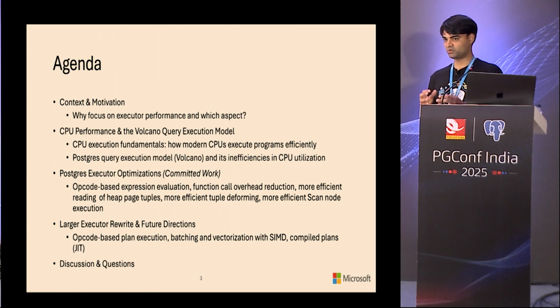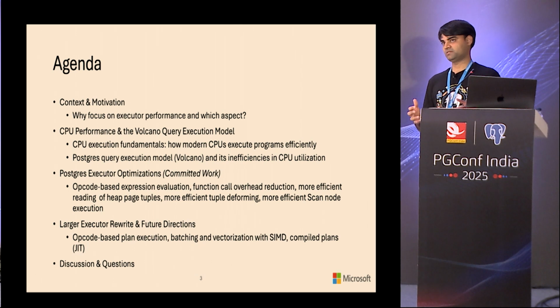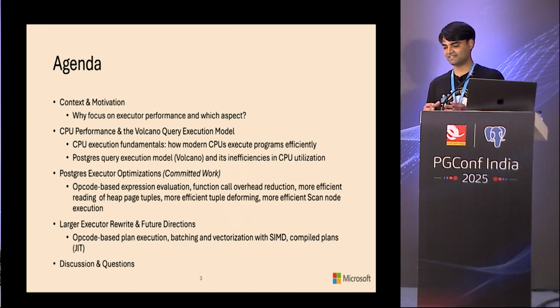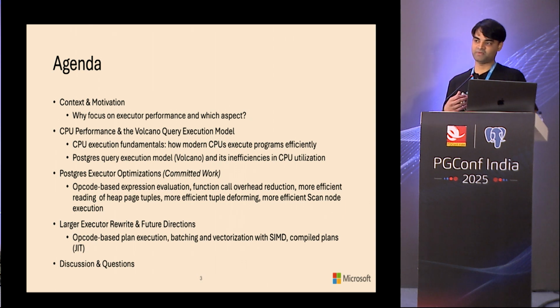I'm going to focus only on the query executor part. There might be many other components of Postgres that are not able to use the CPU properly, but my goal here is to only focus on the executor.